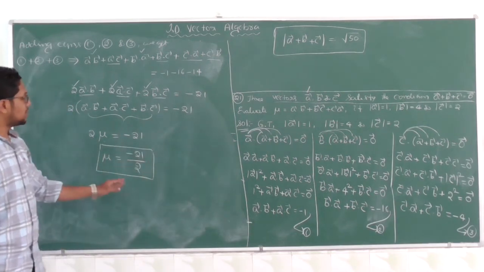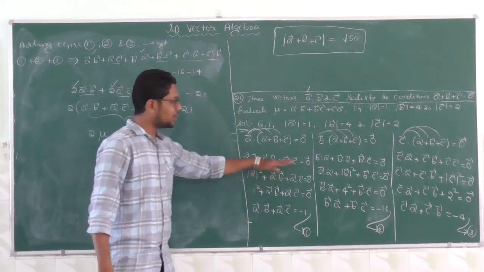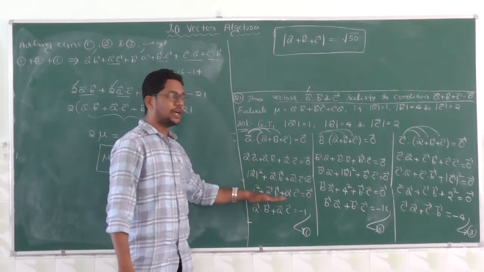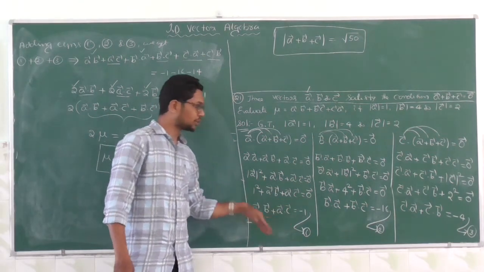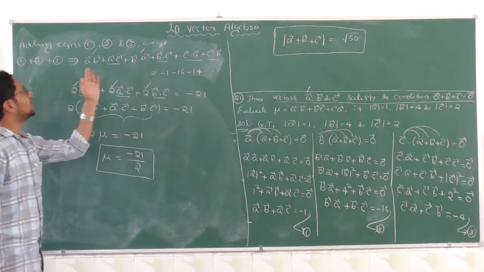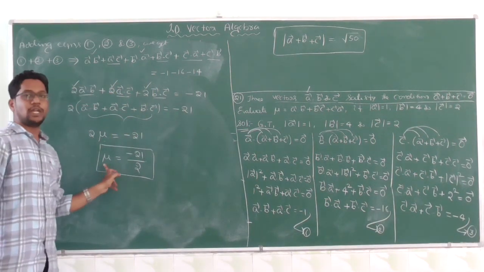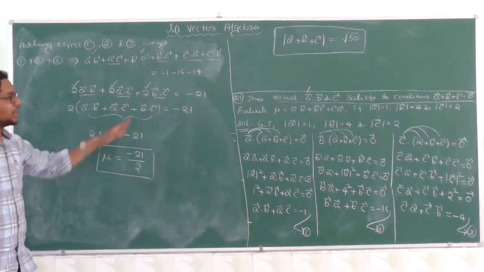So here is the value of mu. Given things I have written. After that I simplified a little bit, we found equations 1, 2, 3. After that I just added the 3 equations. Finally we get the value of mu. Kindly note down.